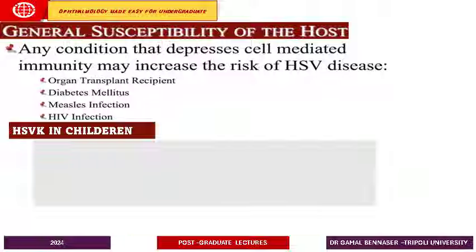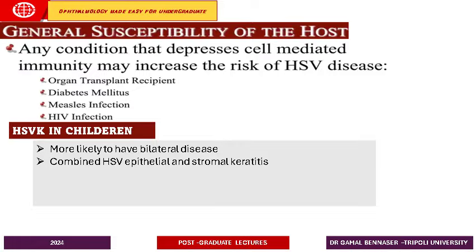Another category of people who have an altered immune system is children and patients with atopy. Now, in children, we cannot say that they have decreased immunity, but they have an altered immune system that differs from adults, so they are more likely to have bilateral cases as compared to adults. So bilateral HSV keratitis is more common in children.